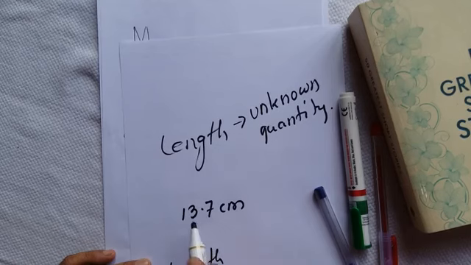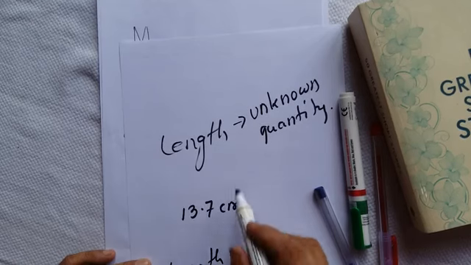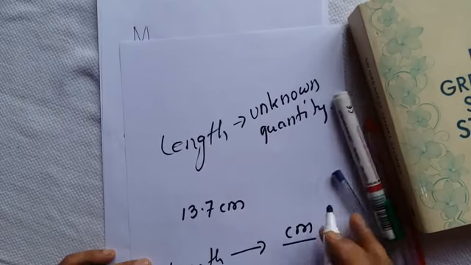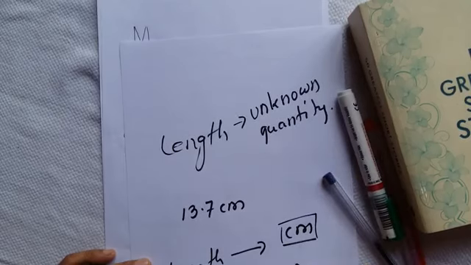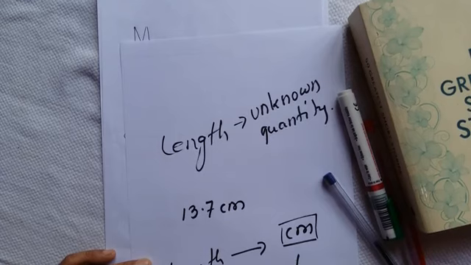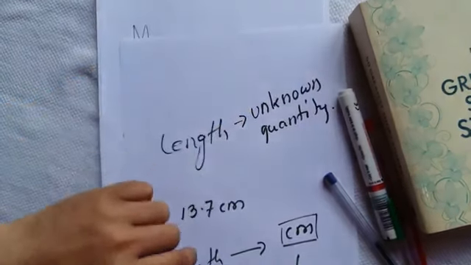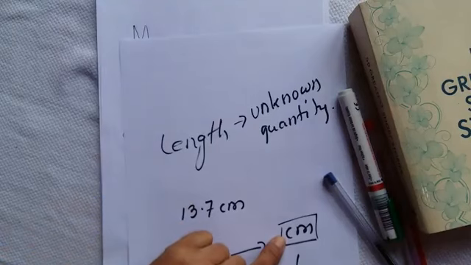Here the length is said to be 13.7 centimeter. Length is compared to centimeter. Here the known quantity, centimeter is the known quantity. So we are comparing the two quantities, unknown quantity length with the other known quantity, that is centimeter here.